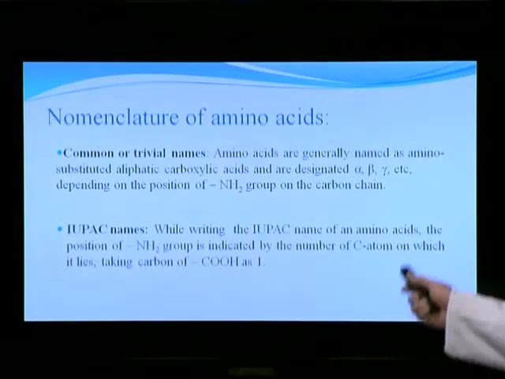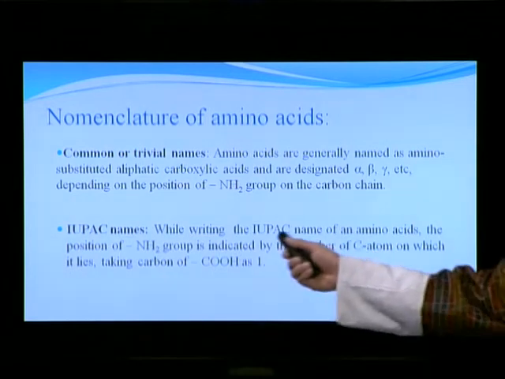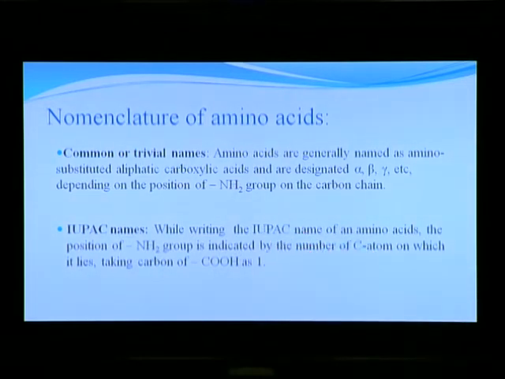And when you write the IUPAC name, the position of the amino group is indicated by the number of the carbon atom on which it lies, taking the carbon of the carboxyl group as 1.